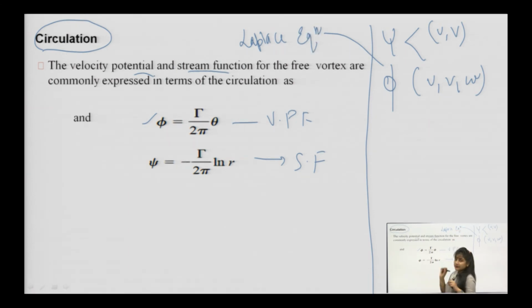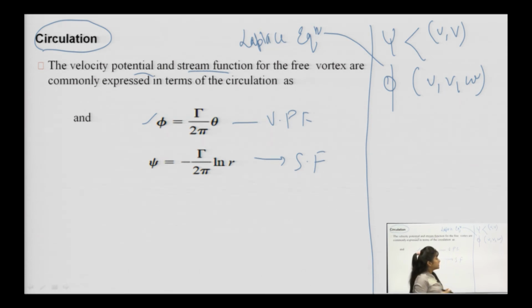This is because the Laplace equation is achieved only when we substitute the corresponding values of psi and phi in our continuity equation, because the continuity equation is the prime base for calculating whether it is a case of flow or not, whether there is any possibility of flow in the field with certain coordinates or not.